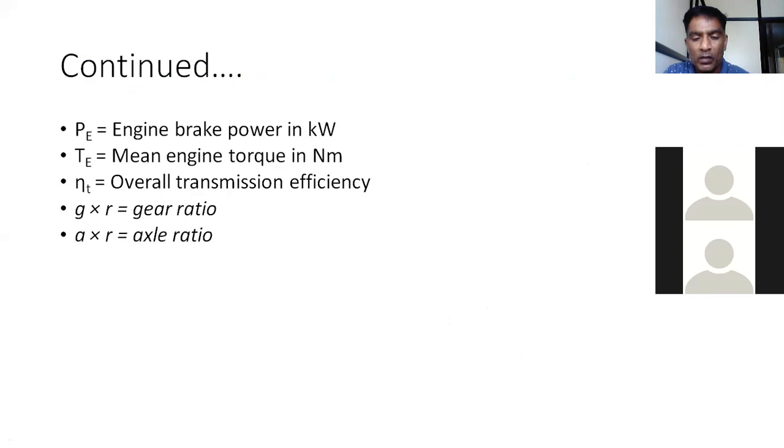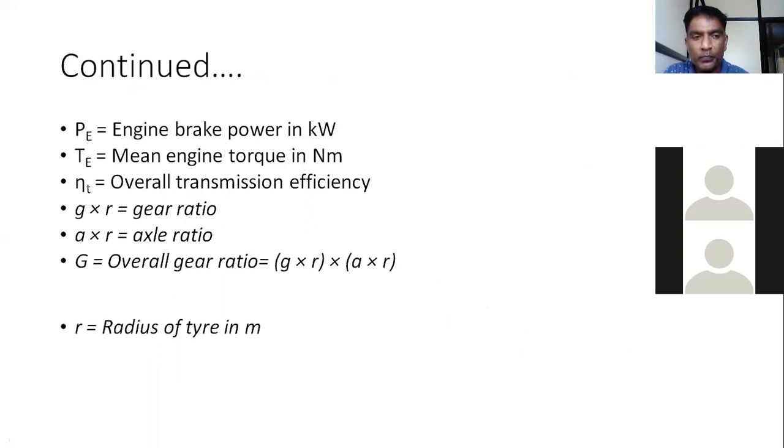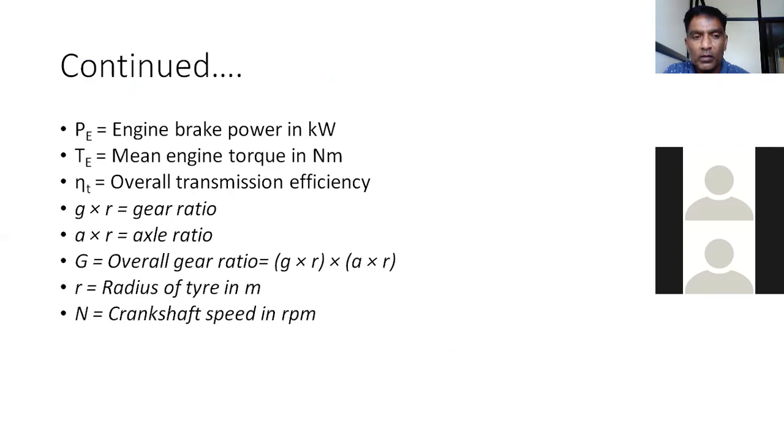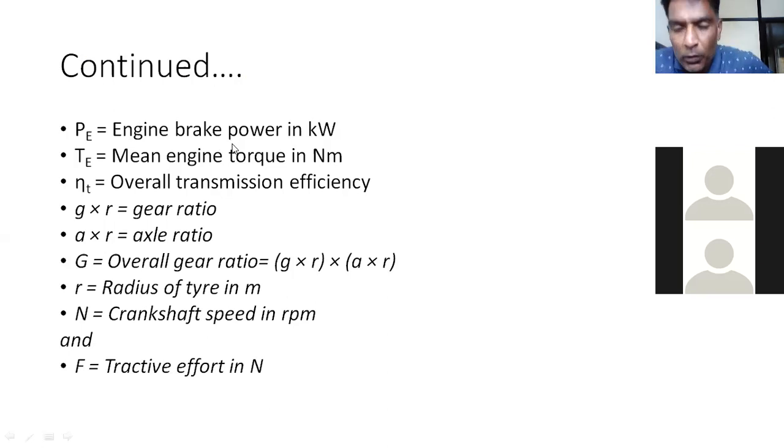Okay, these are the various terminology. P is engine brake power in kilowatt. T means engine torque in Newton meter. Eta T, overall transmission efficiency. GR, gear ratio.